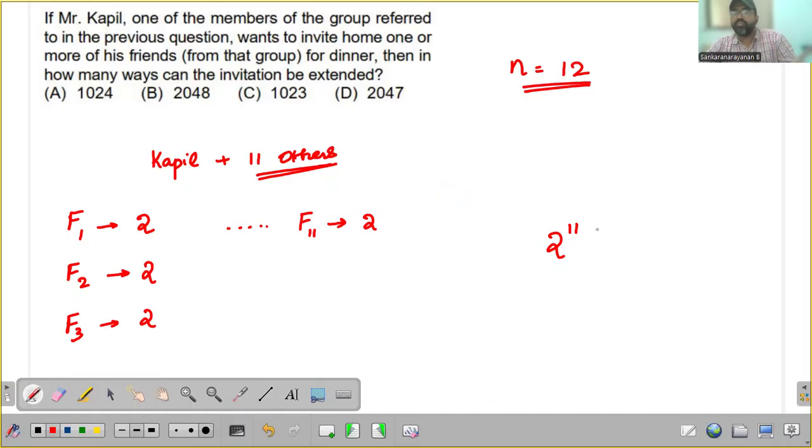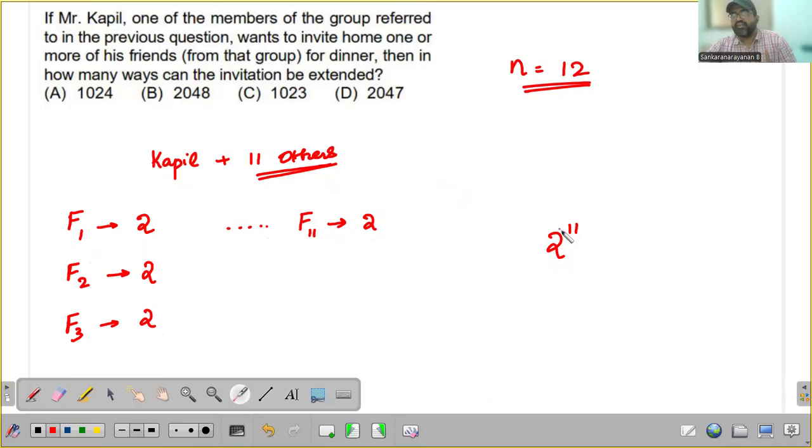Listen carefully: for every friend, there are two ways. Friend number 1, invited, not invited. Friend number 2, invited, not invited. Friend number 3, invited, not invited. So it continues up to the 11th friend. So the total number of ways all these 11 friends can be handled is 2 power 11.